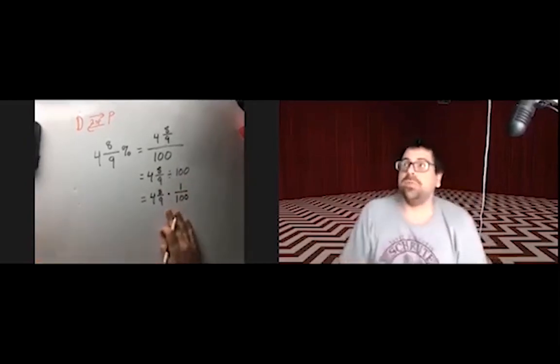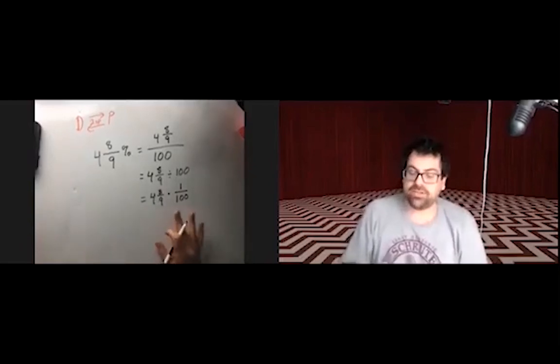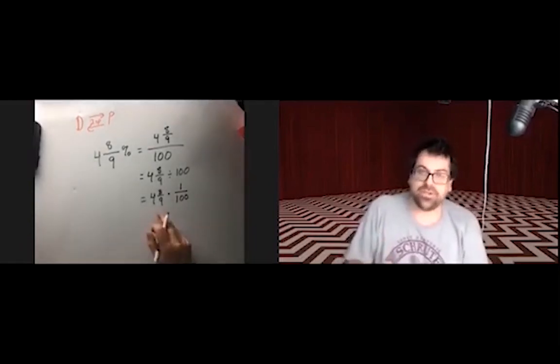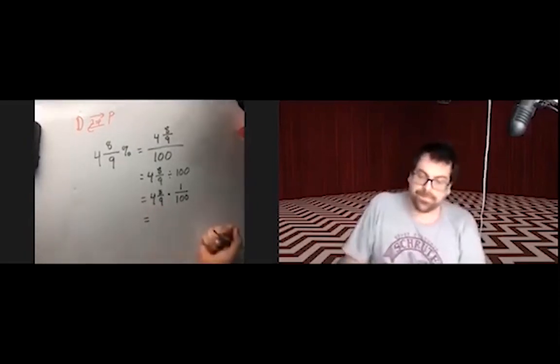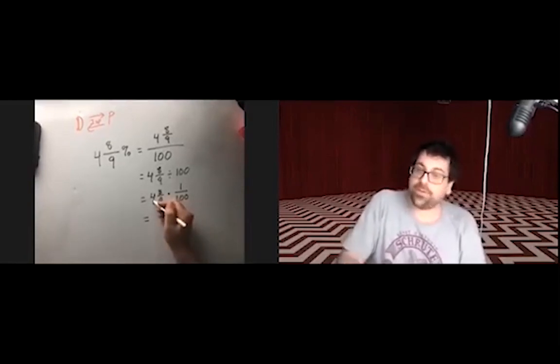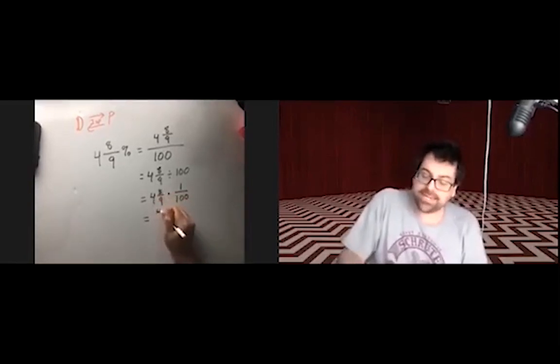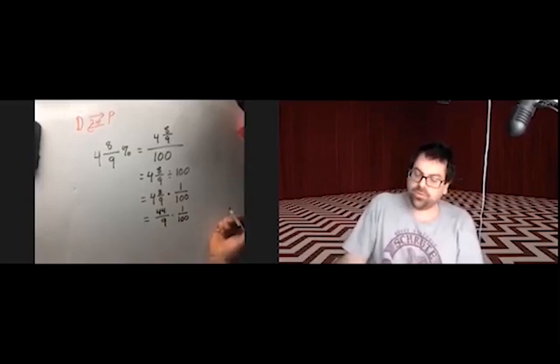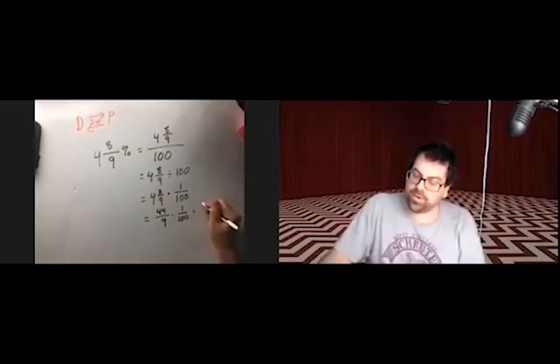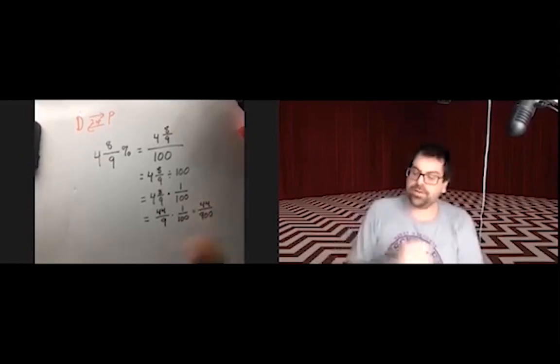And in order to multiply fractions containing mixed numbers, what do we have to do to the mixed number? It has to be an improper fraction. 9 times 4 is 36, plus 8 is 44/9 times 1 over 100 would be 44 over 900.